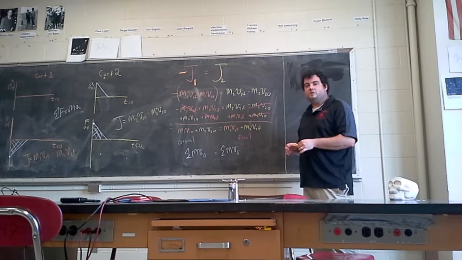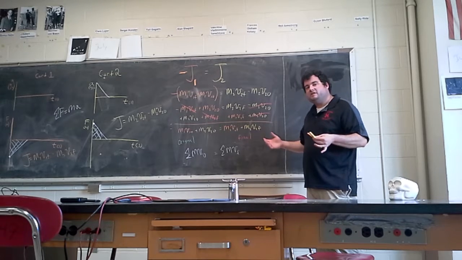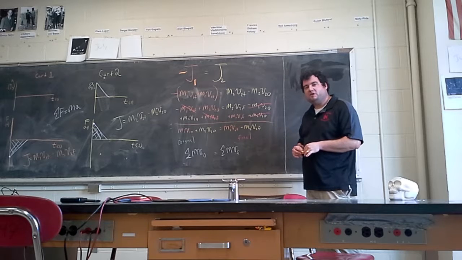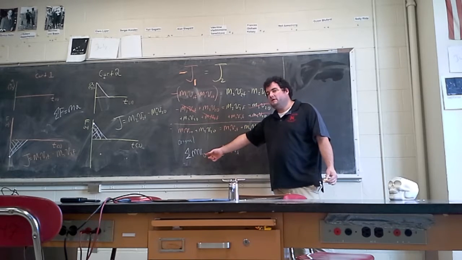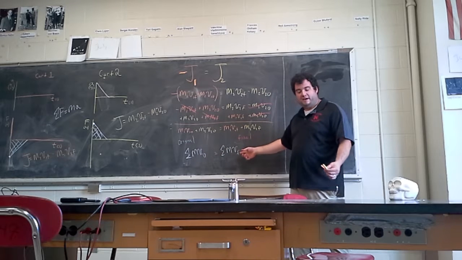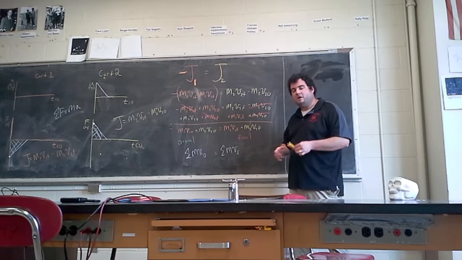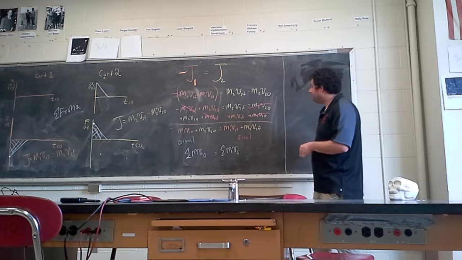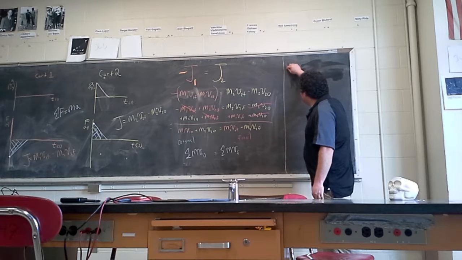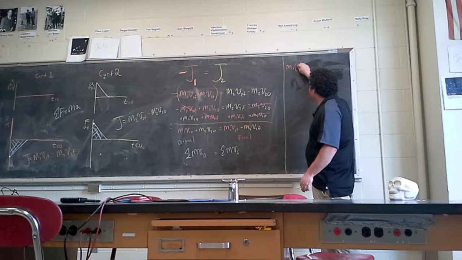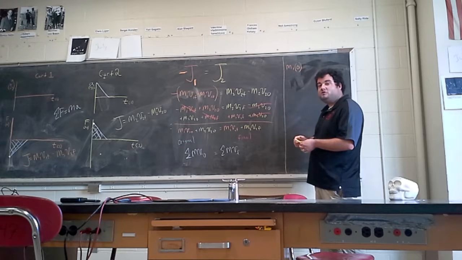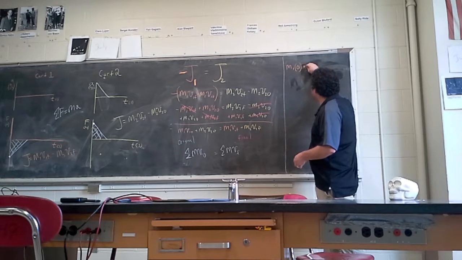Let's try to use our new equation to explain why the two carts left with about the same velocity. So if all the original momentum equals all the final momentum, think about what our original momentum was. We had a mass, but our original velocity was 0. And that was true for both carts.